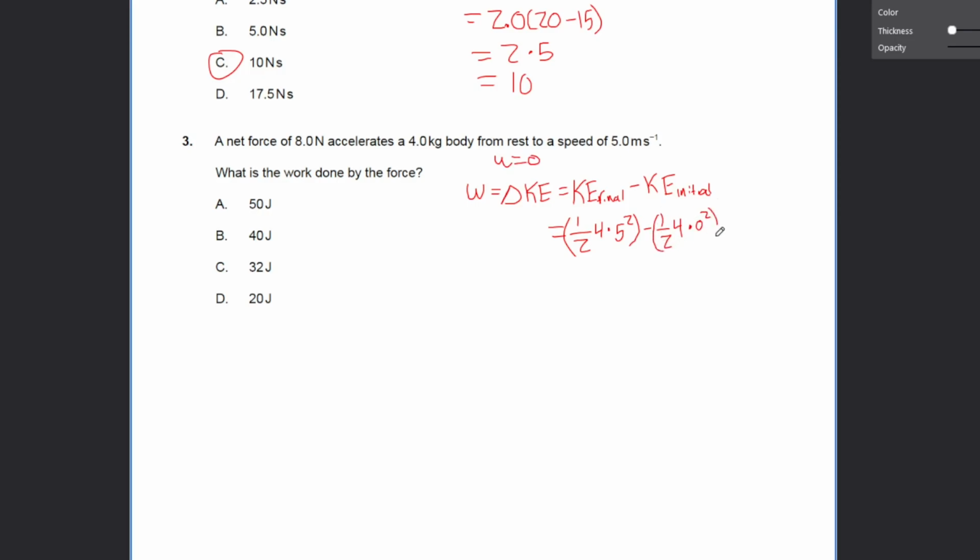So if we simplify this, we have 2 times 5 squared, which is 50. And then minus 0. So our answer is just 50 joules. That is answer choice A.